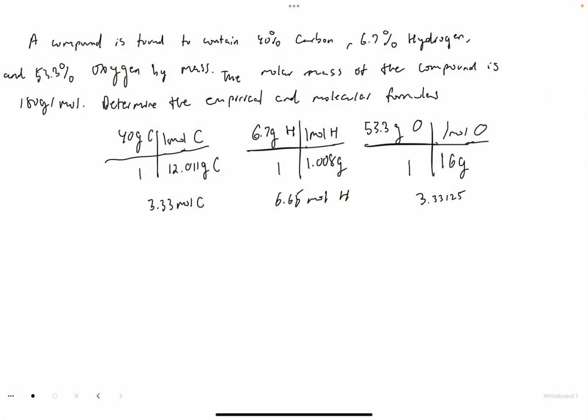So let me just check the other one. 40 divided by 12.011. That one was 3, and then it had 0. So it's really important to sort of check. So if this is the case, then the number of carbon moles is going to be the least. So divide by 3.330.